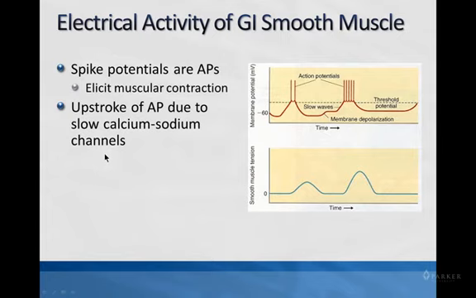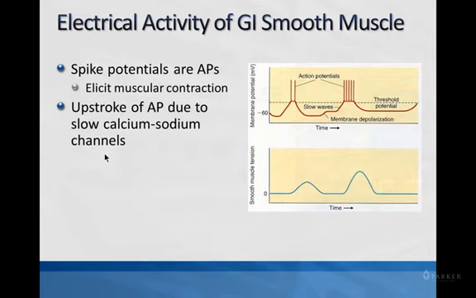These channels are different from what you saw in nerve fibers, ventricular muscle, and skeletal muscle. These open slower and close slower than the channels in the other types of muscle and in nerves. What results is an action potential that is a little longer than you see in nerves, which is good, because we want to have time for a kind of sustained contraction in smooth muscle.